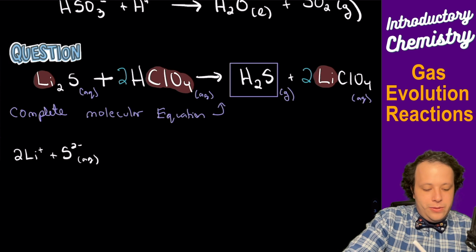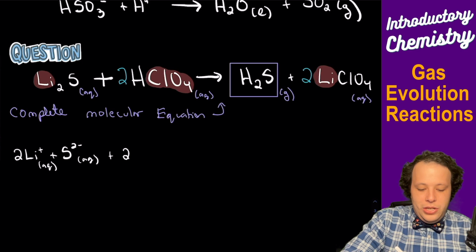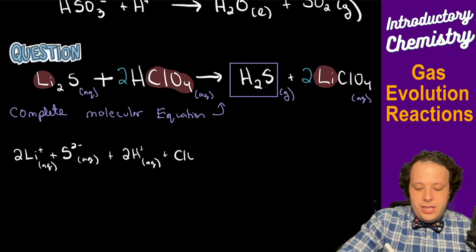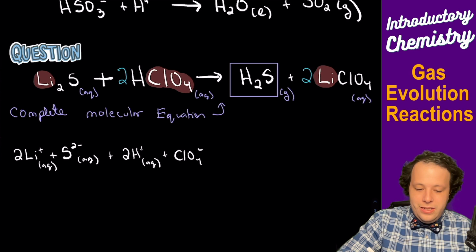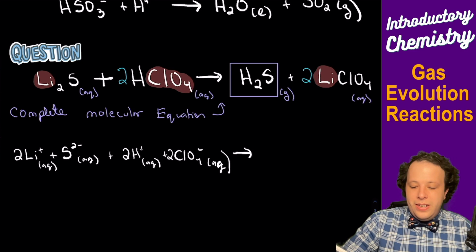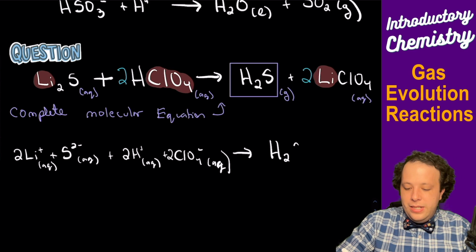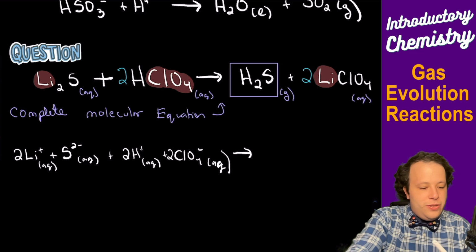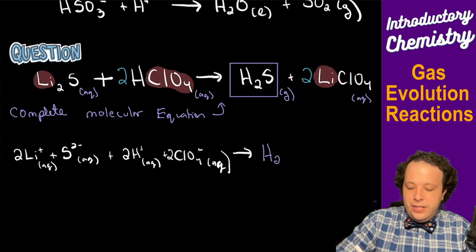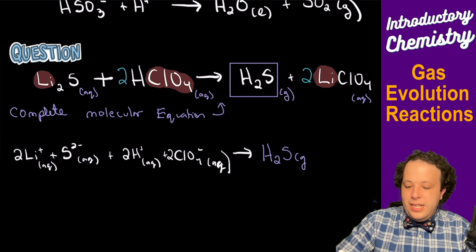These are all aqueous. Then we have 2 hydrogen ions with a chlorate that is also aqueous. There's 2 of them as well. And then we're going to show that H2S gas is being formed, and we show that in another color just so we can highlight that H2S is a gas.